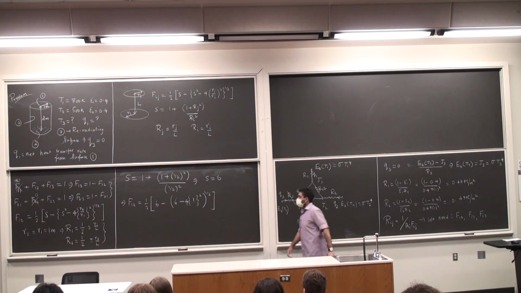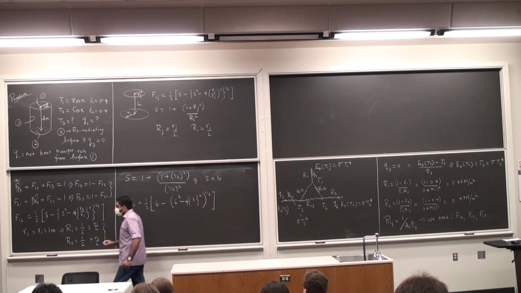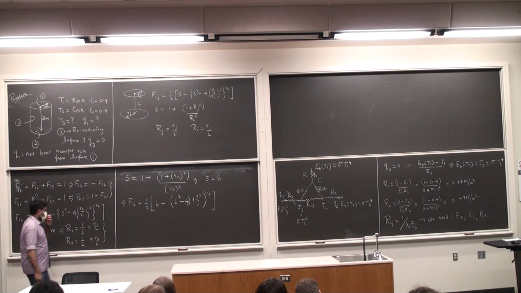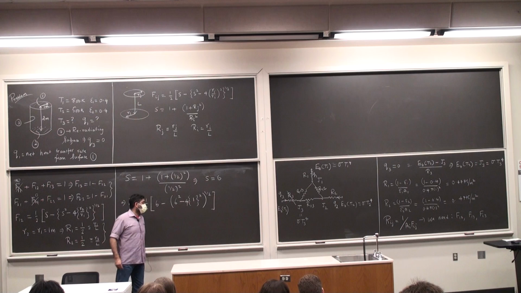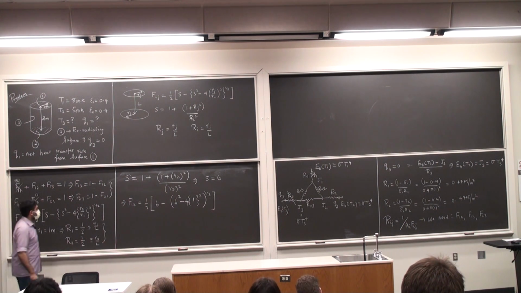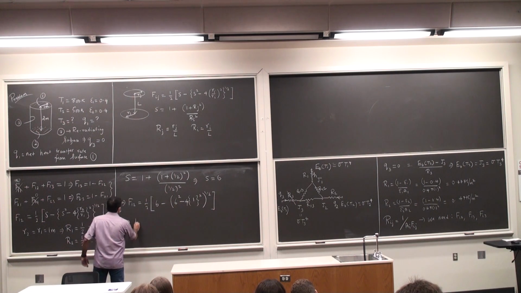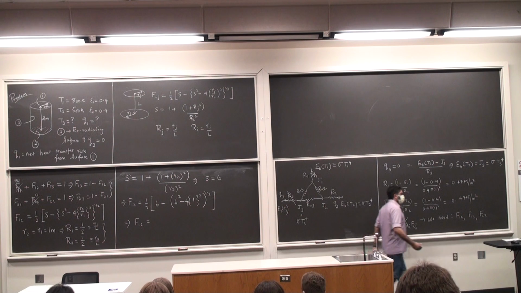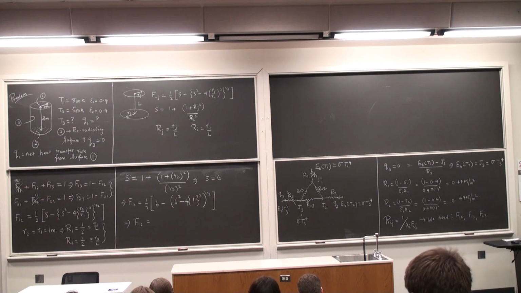If you get an imaginary number, then you're doing something wrong here. So 6 square is 36, 36 minus 4 is 32, square root of 32 is 5.6, 5.8, something like that. So F12, substitute and solve, is 0.1716.